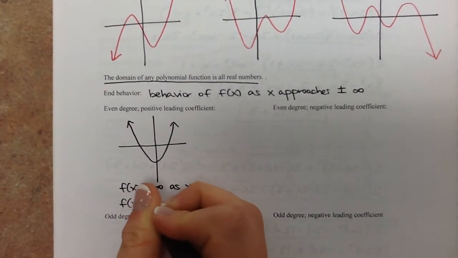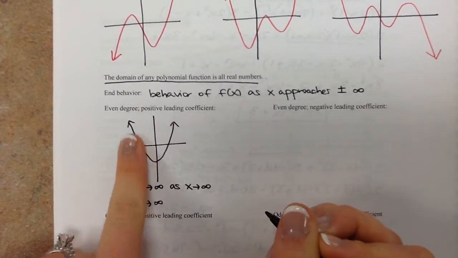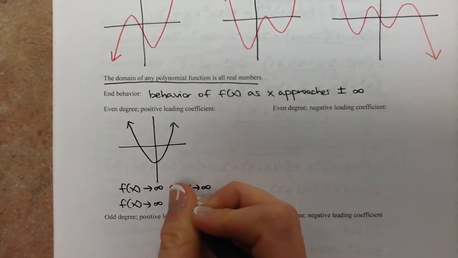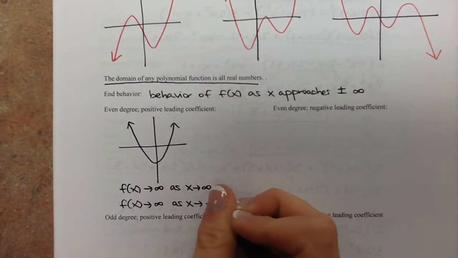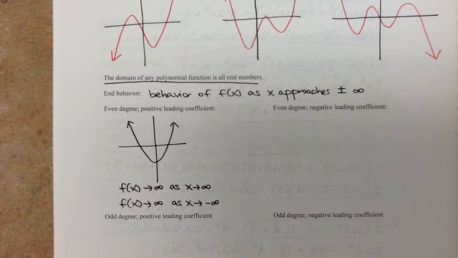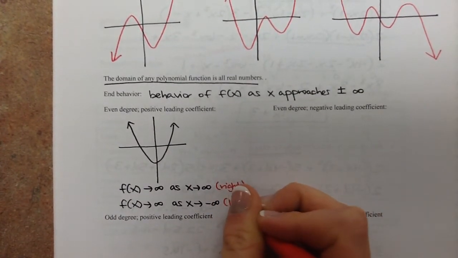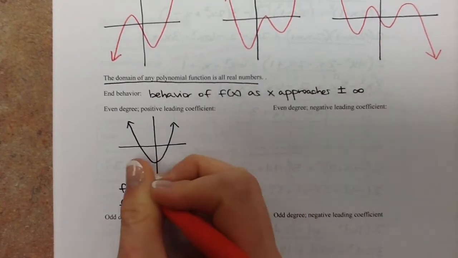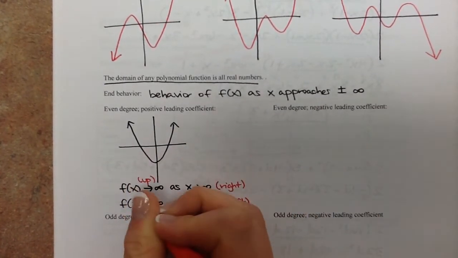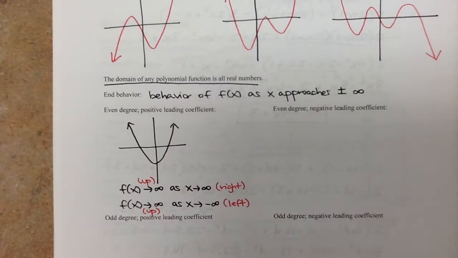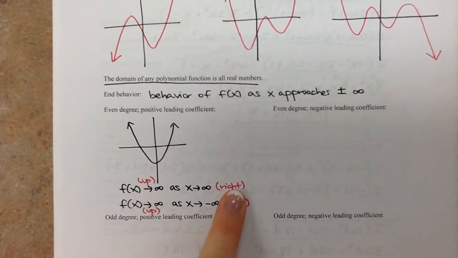So we say my function approaches positive infinity, just growing without bound, as x approaches negative infinity, meaning as I go off to the left. So this is as I go off to the right, this is as I go off to the left, and this means that my graph is going up, and so does this. Okay, so my graph goes nowhere but up as we go off to the right.